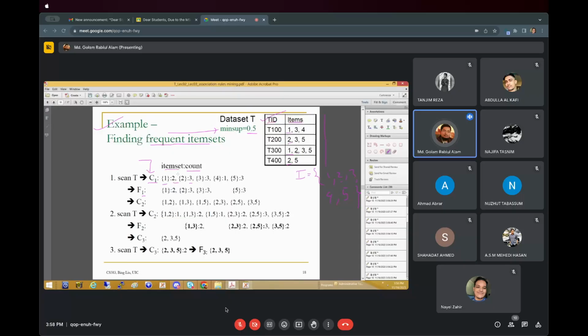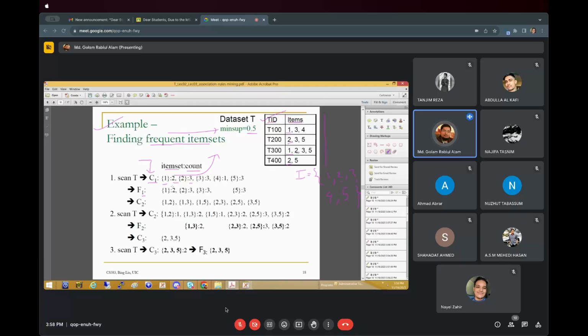As we can see, we have counted these items, so we can determine the support for each one. For a count of 2, what will the support be? The support is the count of that item, the frequency of that item, divided by n.